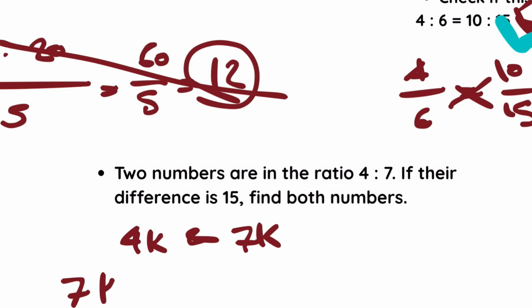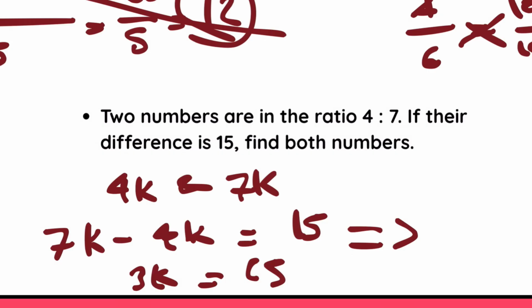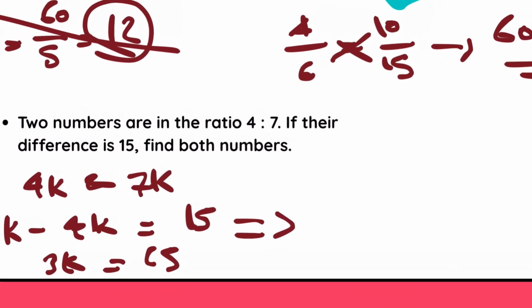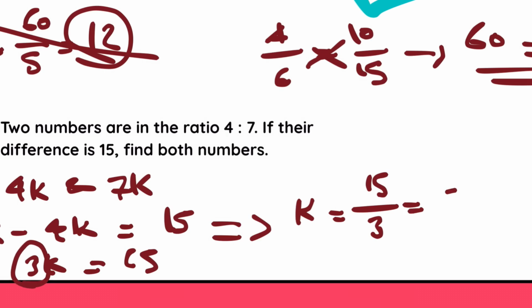So 7k minus 4k is equal to 15. 7k minus 4k, 3k, simplifying this, okay? 3k equal to 15. And the coefficient of the unknown, I should move it to the other side of the equation. So k equaled to 15 divided by 3, right? This was the coefficient of k. And this will be 5.